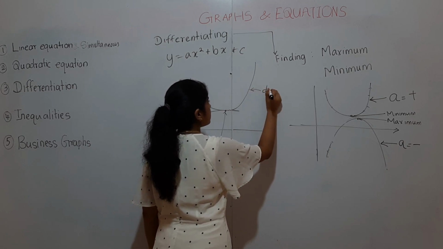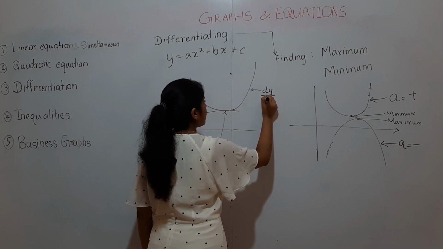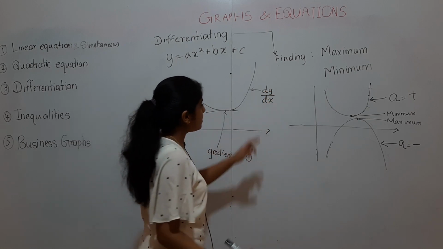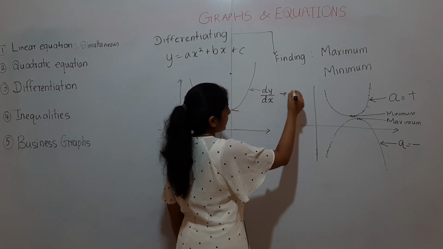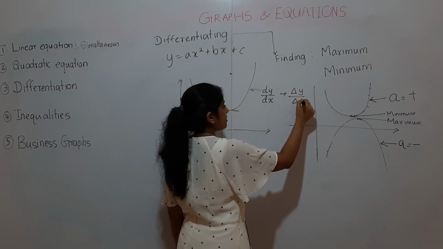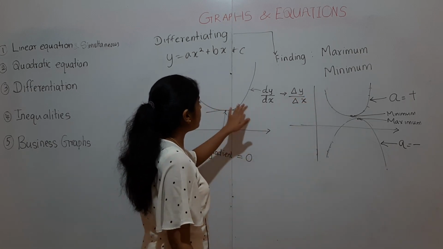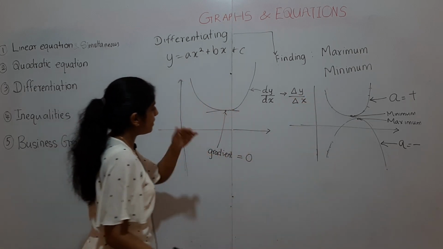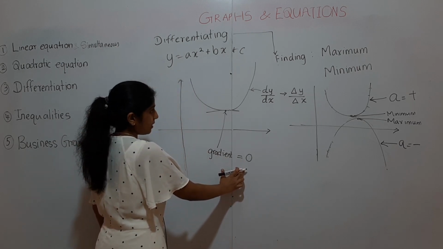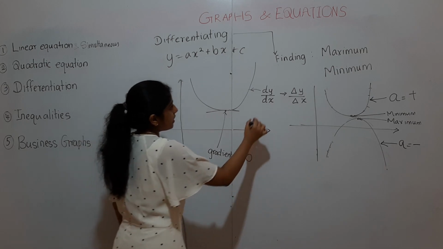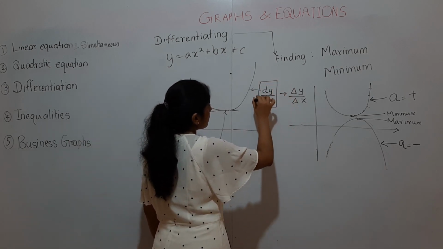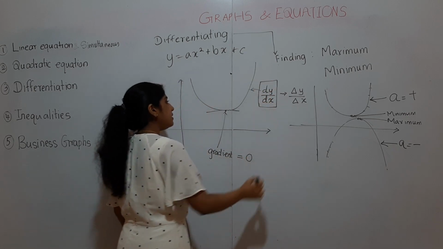Differentiating involves taking dy divided by dx, same as gradient. The gradient equation is change in y divided by change in x. For finding the point where the gradient equals 0, the formula we should follow is dy divided by dx.